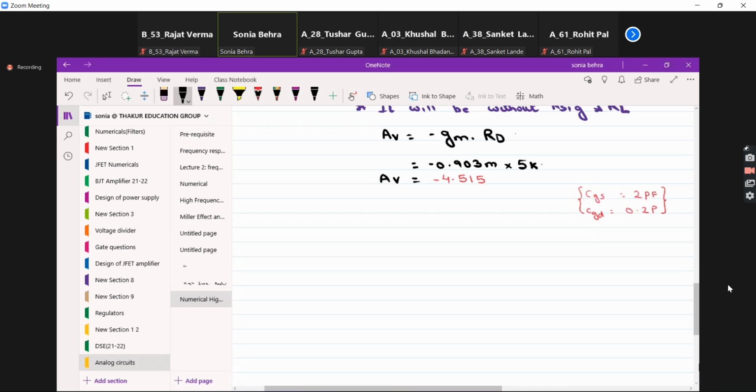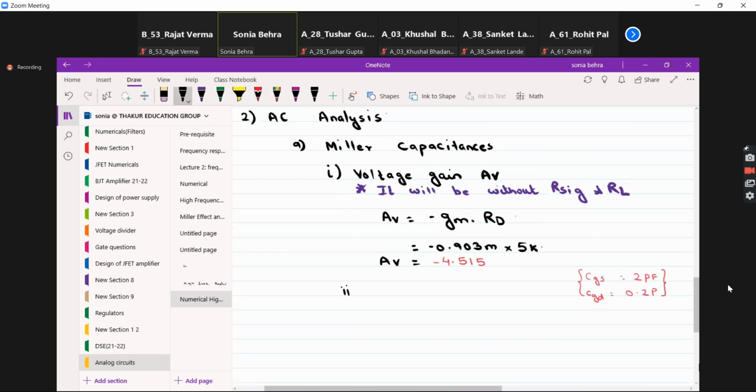Now what we are doing is finding Miller capacitances. First step, we found the voltage gain. Second, we will find out input Miller capacitance. Tell me the formula.